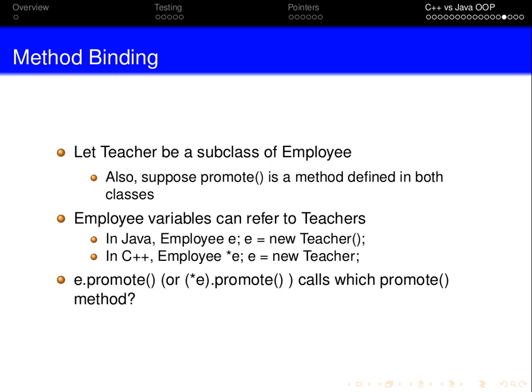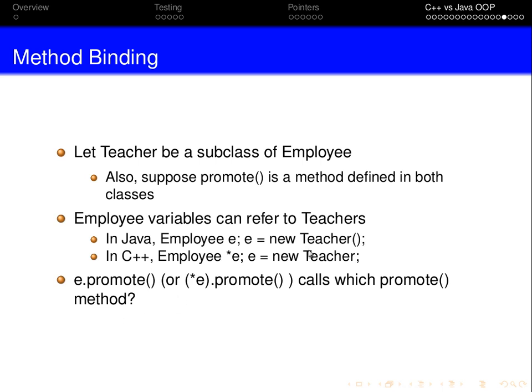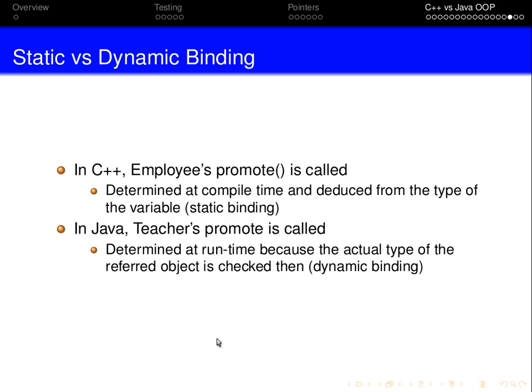In C++, you're going to call employee's promote. Because C++ doesn't know that it's a teacher. It just knows it's a pointer to an employee. So it's going to call employee's promote and not teacher's. While Java keeps track of what class it actually is. Y'all didn't encounter that in OOP or in Java? You must have. But anyways, hopefully this will never happen because it's really annoying.